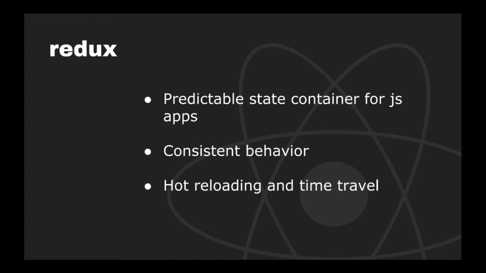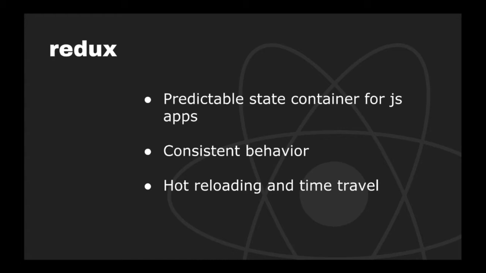Basically, Redux is a predictable state container for JavaScript applications. Notice that I'm not mentioning particularly React here, which means that it could work with any other framework that you want to. It ensures the consistent behavior of your state, so that makes it predictable and avoids this problem of multiple models calling each other and mutating this state.